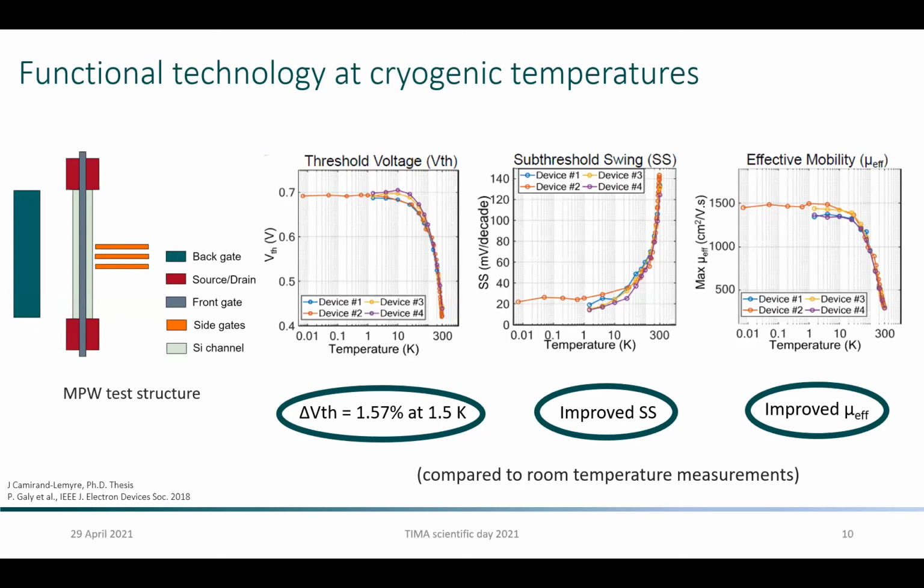This means that we can have reliable FD-SOI electronics at low temperature, setting the way towards integration. And now that we know that STMicroelectronics FD-SOI technology is functional at such low temperatures, the next step is to fabricate and investigate the quantum dot device.